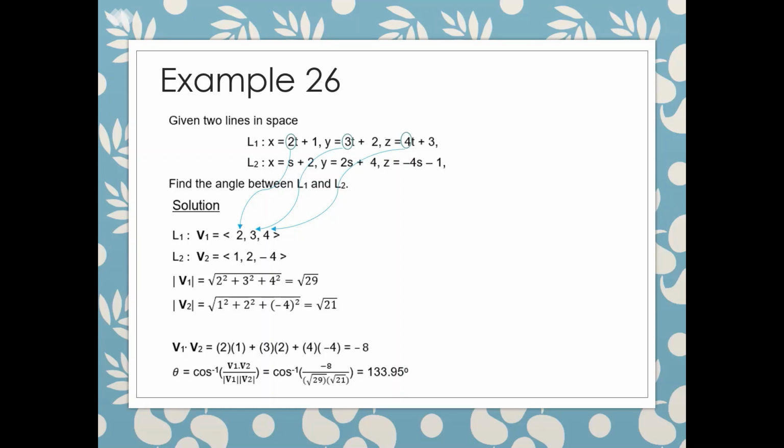Next, find the magnitude of V1 and V2. The magnitude of V1 is equal to the square root of 2 squared plus 3 squared plus 4 squared, which is equal to square root 29, and the magnitude of V2 is equal to the square root of 1 squared plus 2 squared plus negative 4 squared, which is equal to square root 21.